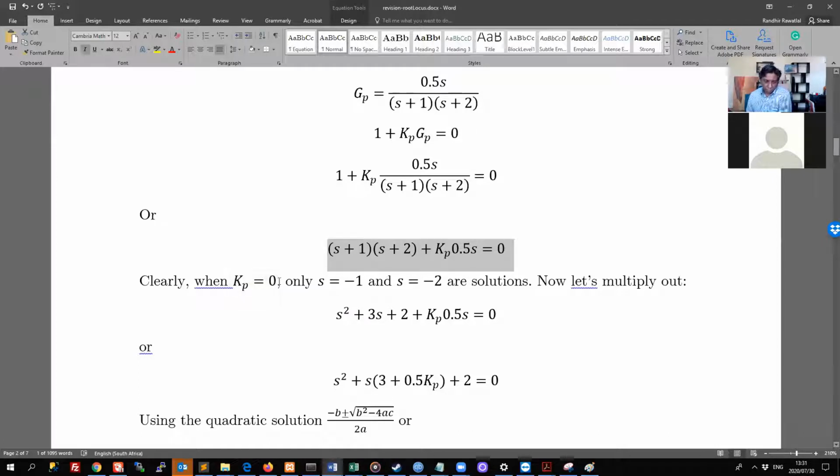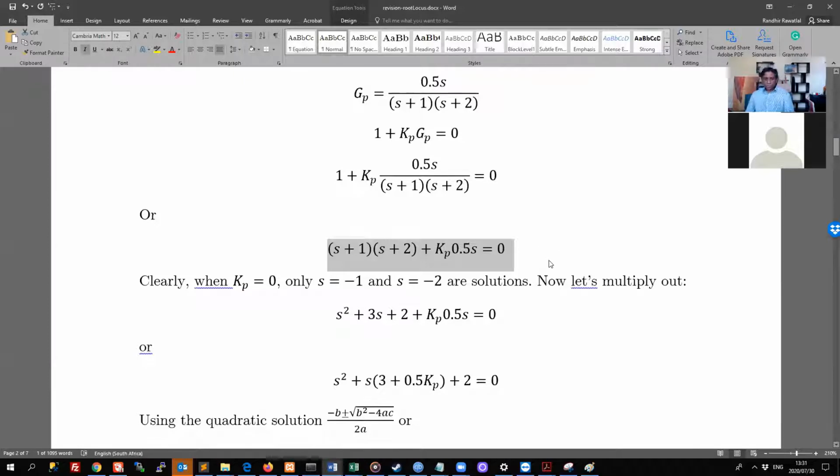In other words, what are the solutions of s? So if we look at the special case of Kp equals 0, then we can ignore this term. And then we can easily see two solutions. We can see that when s equals -1, then this whole thing becomes a 0. And also when s equals -2, this whole thing also becomes a 0.